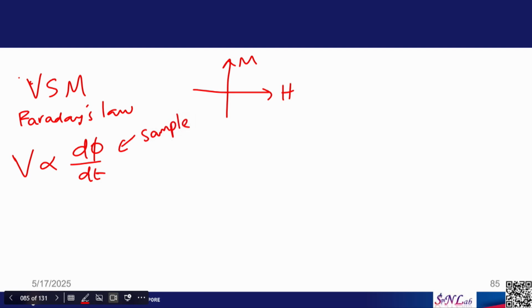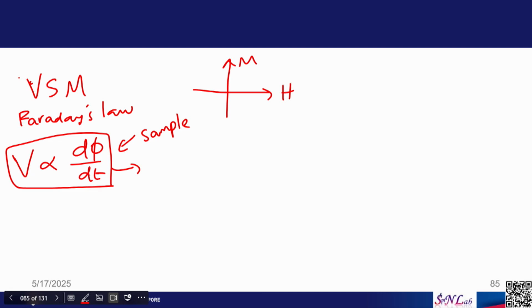Because you are vibrating your sample but the pickup coil is fixed, the flux produced by this sample will vary as a function of time with respect to the pickup coil. So you will see a voltage. Once you know the voltage, you can convert this into magnetic moment, by sweeping the magnetic field using an electromagnet. You can measure magnetization as a function of magnetic field.